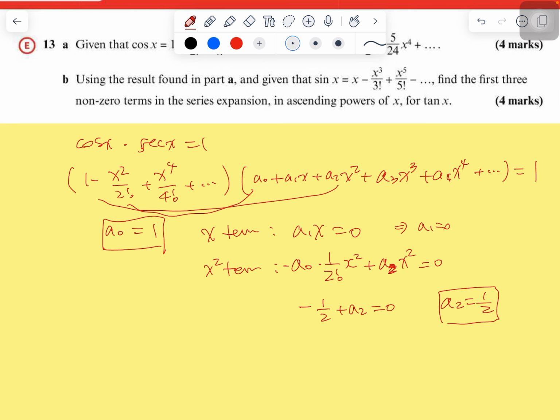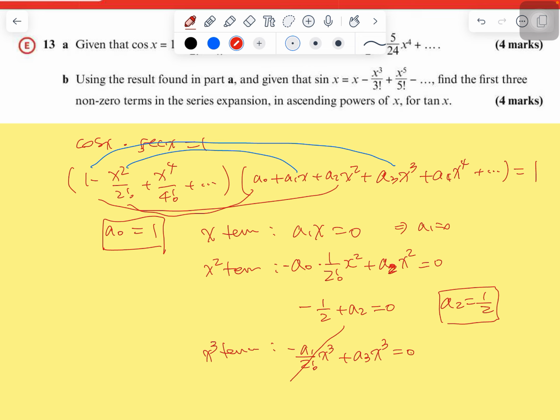Let's go for the x cubed term. Here negative a1 over 2 factorial x cubed plus a3 x cubed becomes 0, but we know this is already 0 because a1 is 0, so a3 becomes 0.